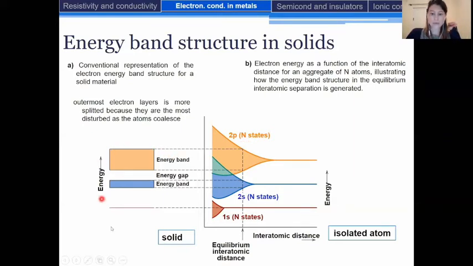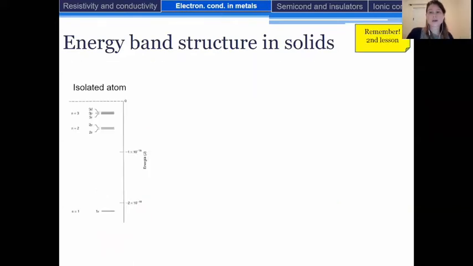And so this representation right here will be the one that we will use, the energy band structure. So at the beginning of this lesson, we introduced the energy structure for an isolated atom. And in order to describe the electron energy states and their occupancy, we used 4 quantum numbers.